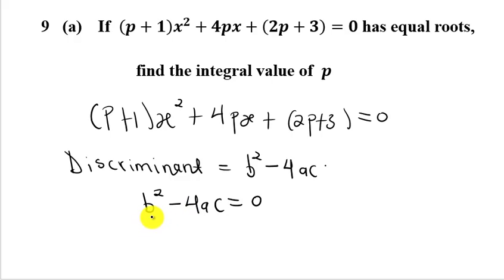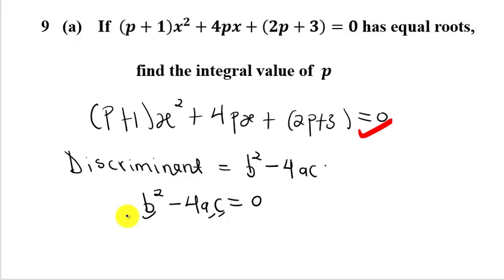In this case, we need to get the values of a, b, and c from the quadratic equation. So we are going to compare this particular quadratic equation to the general quadratic equation.